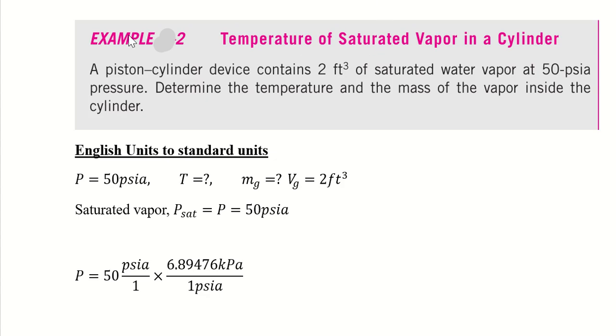And this is a tricky question. The trickiness is not the calculation, but the interpretation of the question and its units. Everything here is given in English units. You see, you have feet, you have psi.